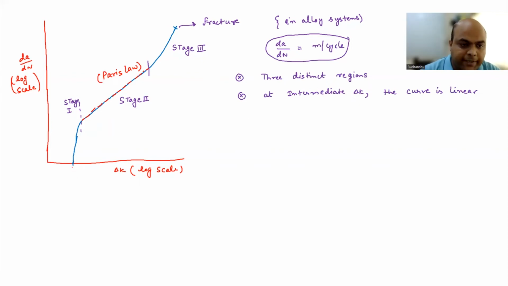This particular point at the bottom, we call it delta K TH. Okay, and TH is your threshold. So delta KTH is your threshold stress intensity factor range.